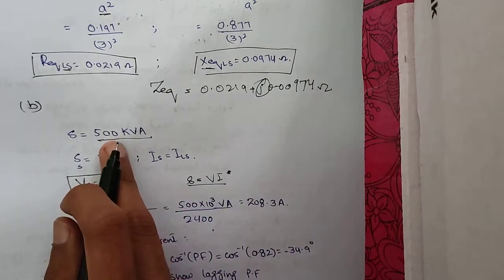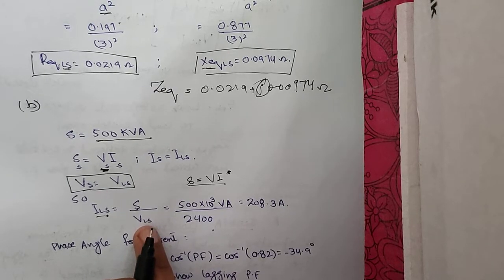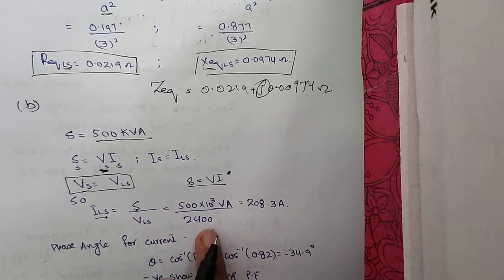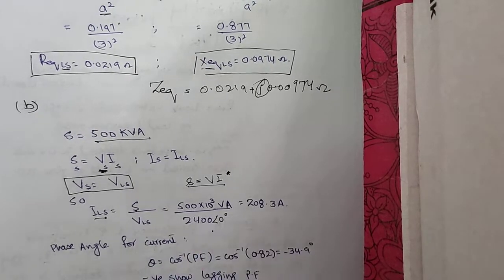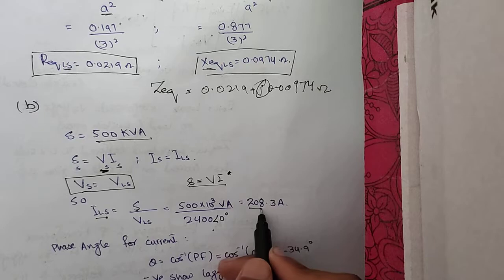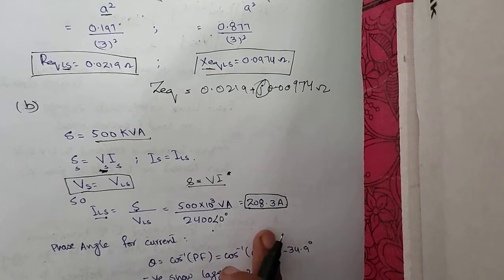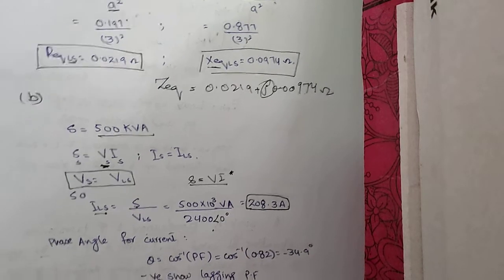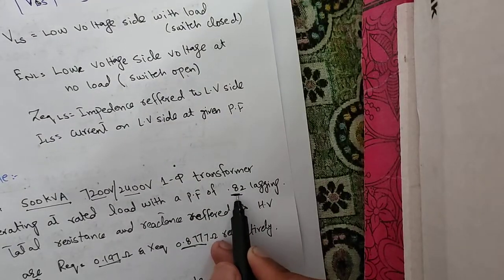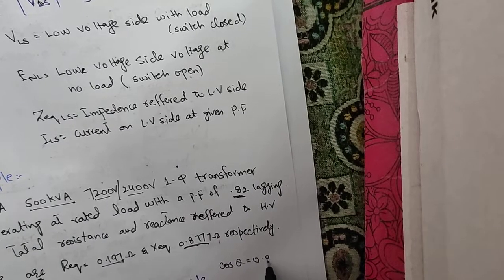We have been given S as 500 kVA. Using S 500 kVA divided by VLS, which is the secondary side voltage, given as 2400 with angle 0, the output obtained is 208.3 ampere by dividing S with V. Now, as the power factor in the statement is given as 0.82 lagging, we can say that cos theta is equal to 0.82.